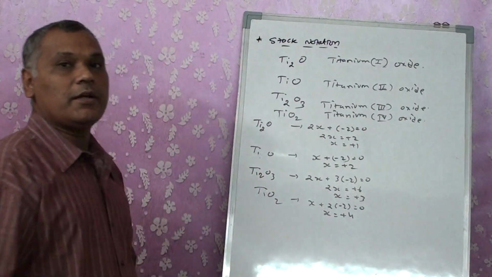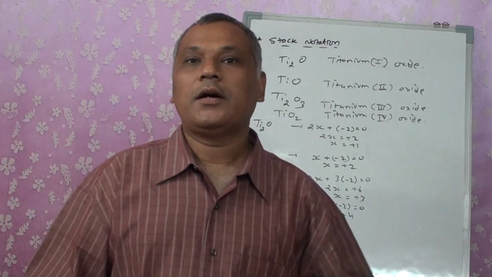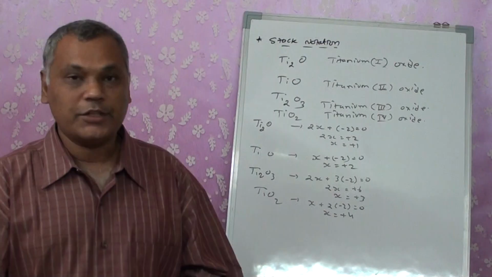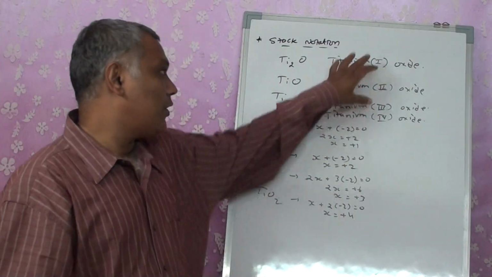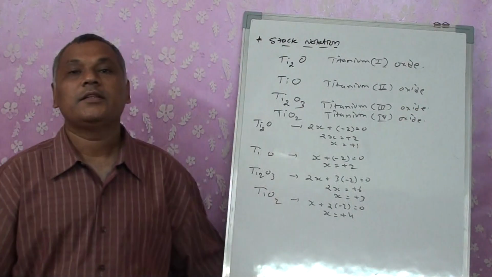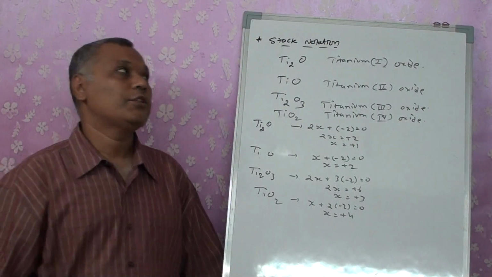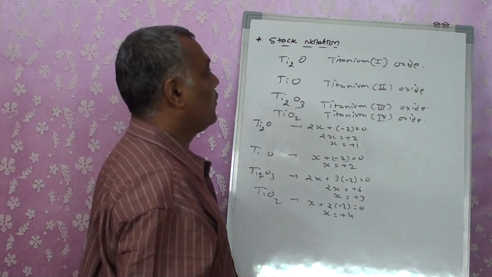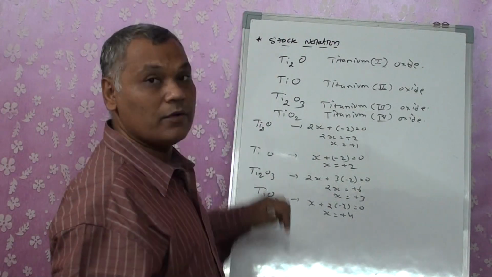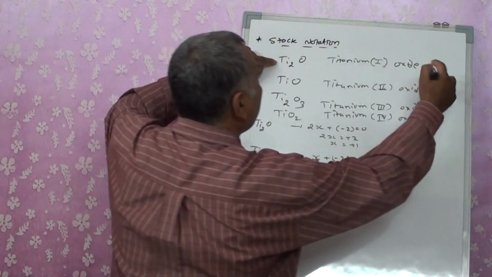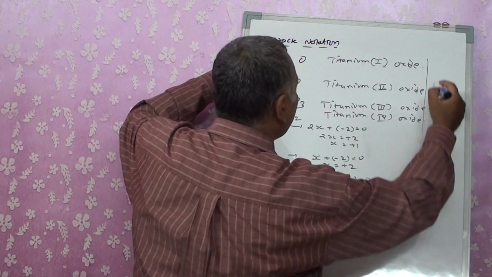So that shows that if I have a similar name, but still there is a change in the oxidation number, which is indicated within small brackets with Roman letters, then this is known as Stock notation. All these compounds can also be specified with a specific formula.